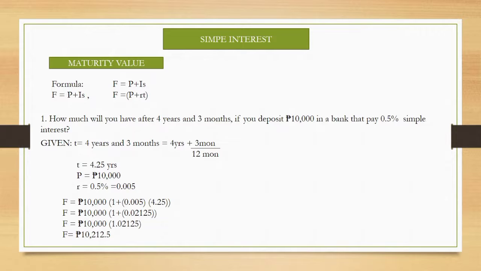So in order to get the answer, we should first compute what is inside the parentheses. 0.075 multiplied by 2 is equals to 0.15. So 1 plus 0.15 is equals to 1.15.